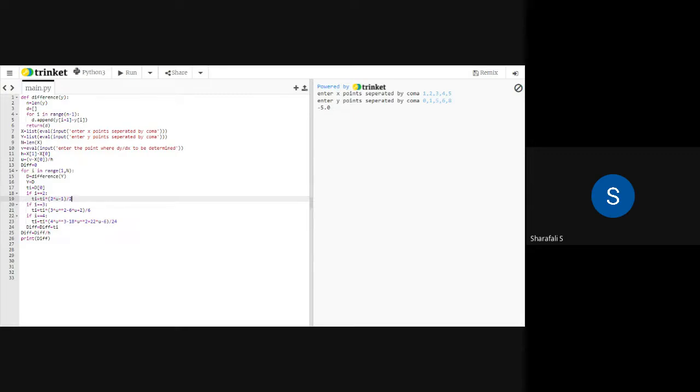Again, it will check if I equal to 3. So if you want to get the steps reduced, you can shift these things to this side, so that it will come inside that. Otherwise, you can give an else if condition here.